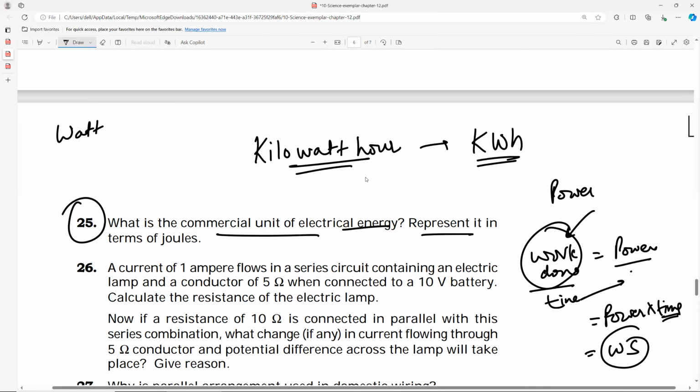Watt second is the unit for this one. Got it? This watt second is also called joules. But 1 watt is a very small unit.